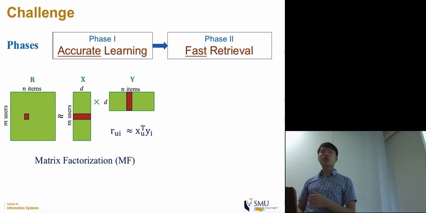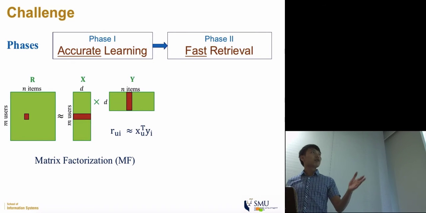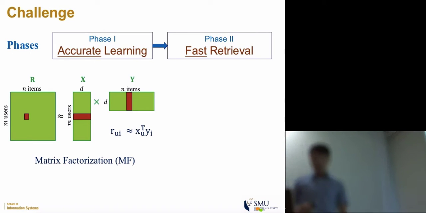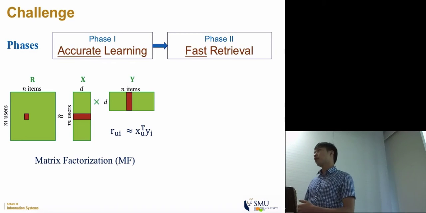The idea is that you try to fit the rating value by the inner product between the user vector and the item vector. So the user preference is now computed through the inner product between the user vector and the item vector.